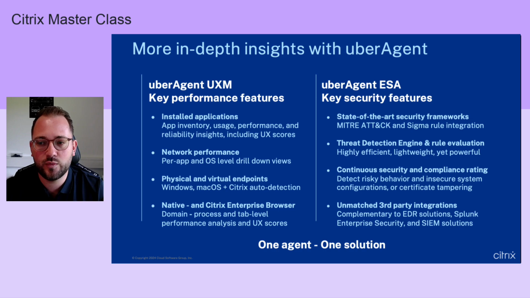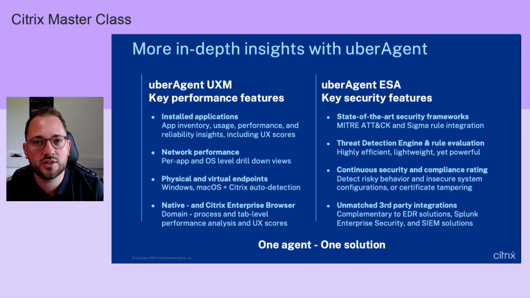So on this slide, we can see both components, uberAgent UXM and ESA. uberAgent UXM provides rich metrics around installed applications. That means that uberAgent is creating an application inventory, including usage reports and classical app performance monitoring. With this product, you can also determine network performance, even on a per process level.